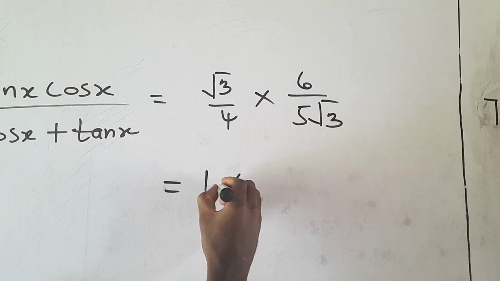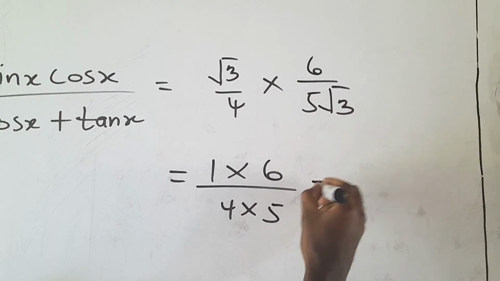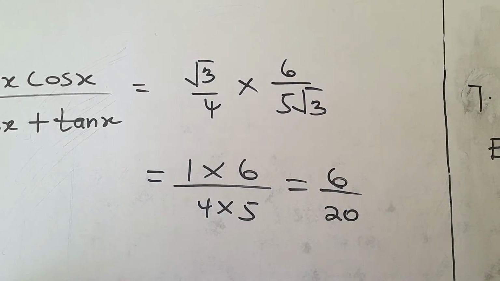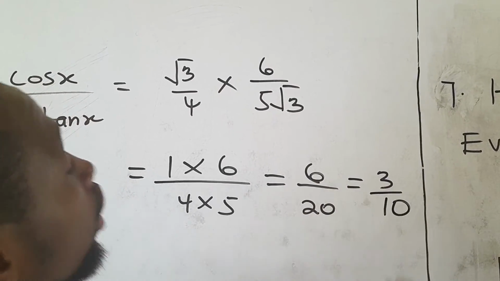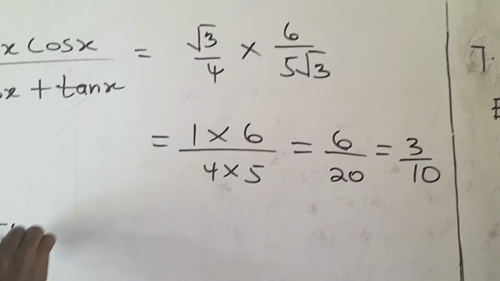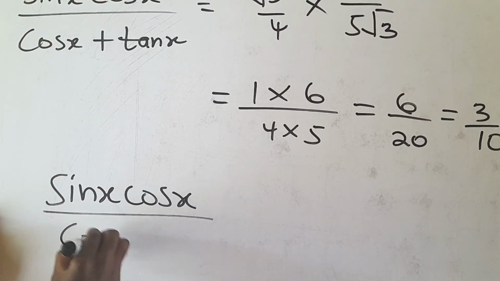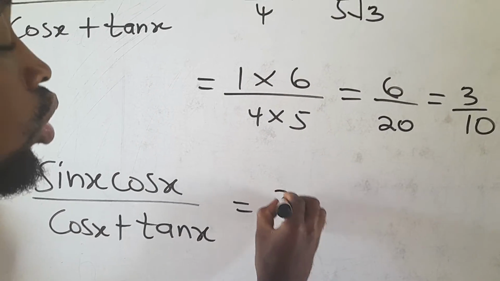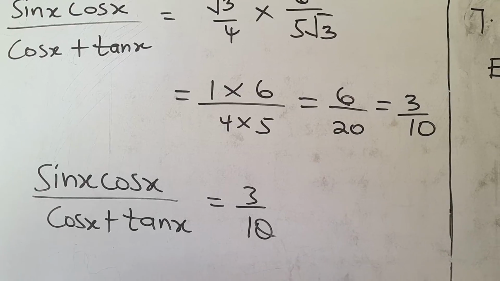Then we'll be left with 1 times 6 over 4 times 5. 1 times 6 is 6, 4 times 5 will be 20. 2 going into 6 3 times, going into 20, 10. And you can say that sin x cos x over cos x plus tan x will be equal to 3 over 10. I hope you had the same thing.